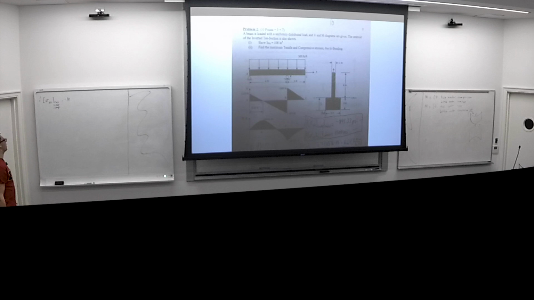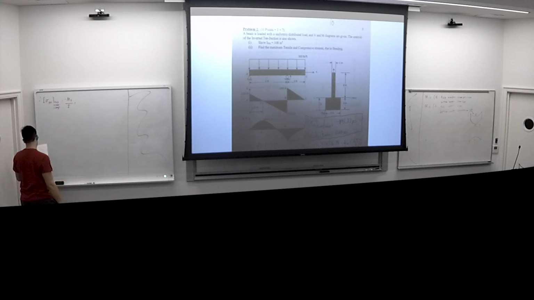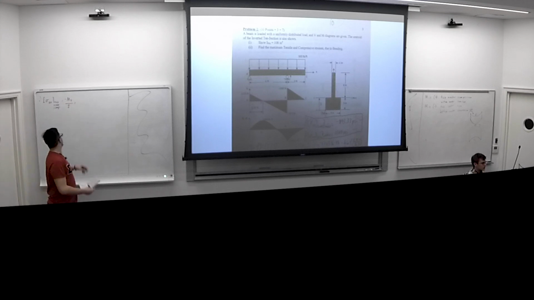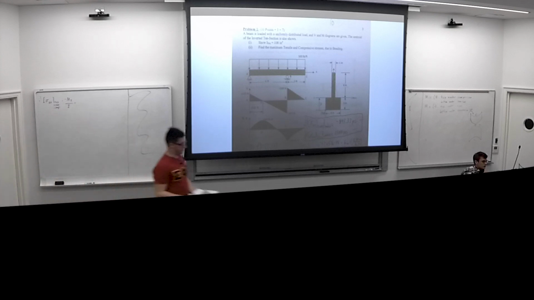So the first one is the top is under compression. So your formula is negative My over I. When the top is under compression, we're going to go back over here, the moment is positive, right?